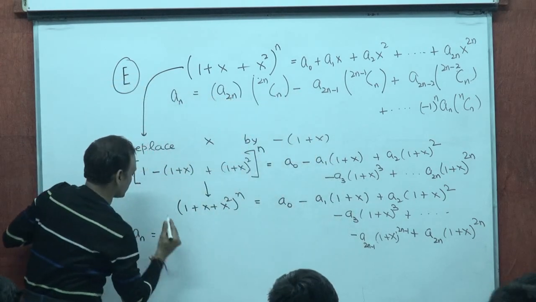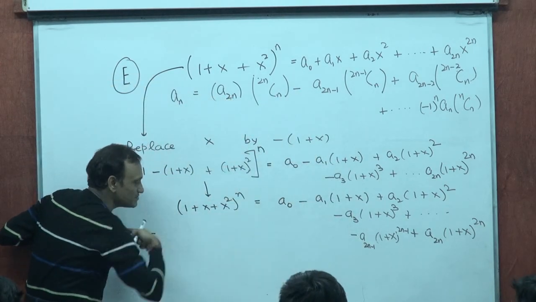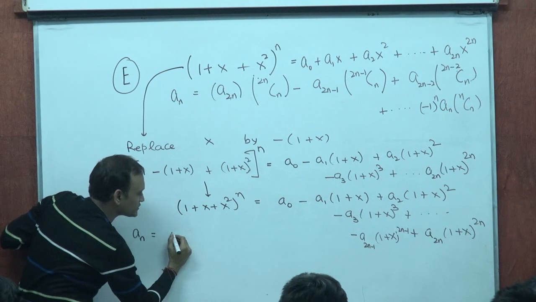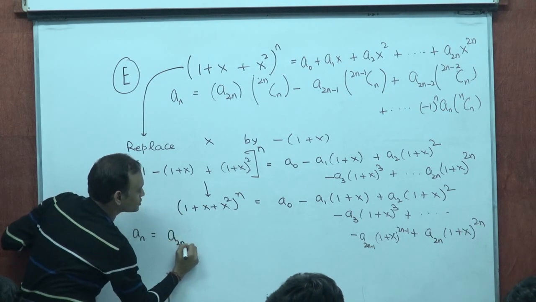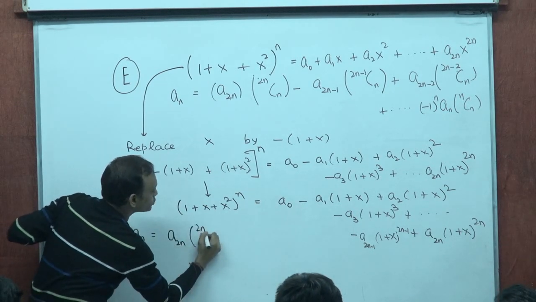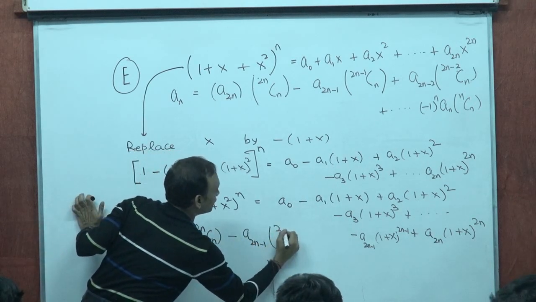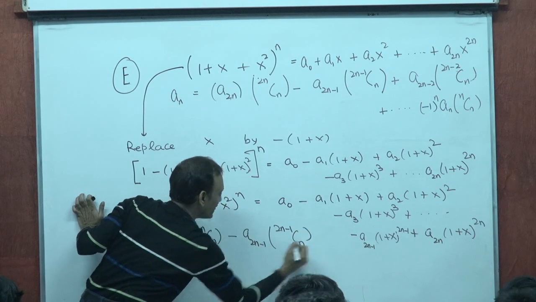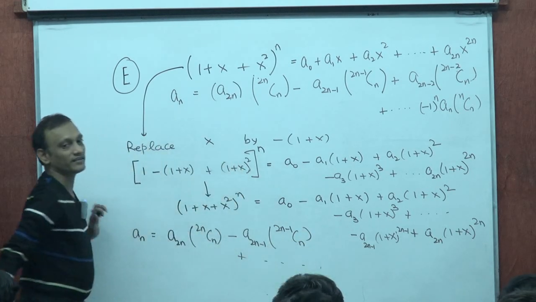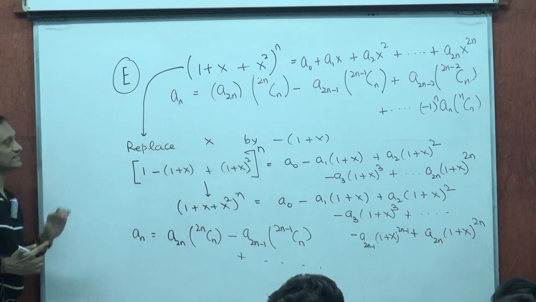So starting from the last term, moving backwards, equating coefficient of x power n on both sides, we're able to arrive at this.